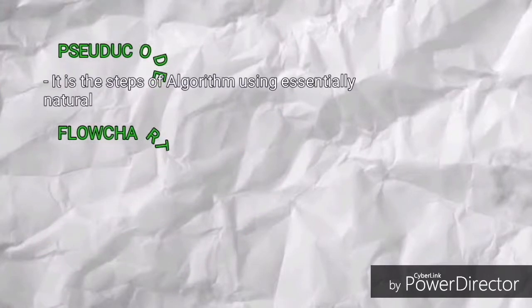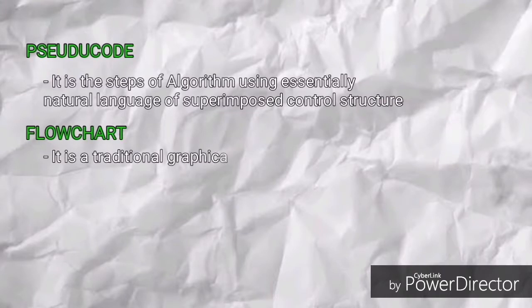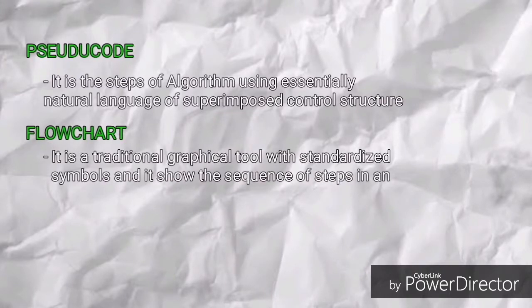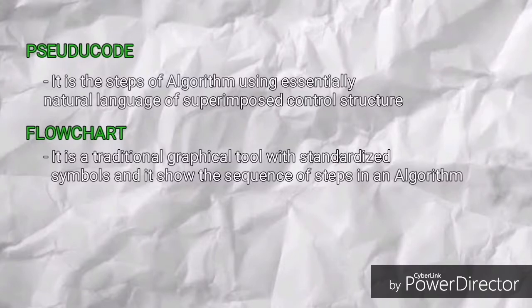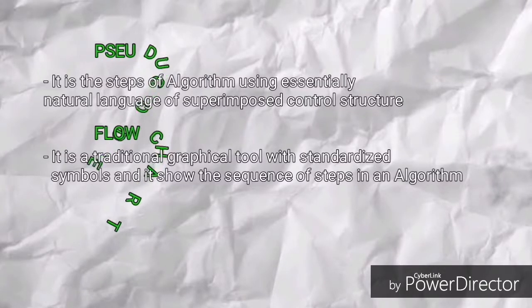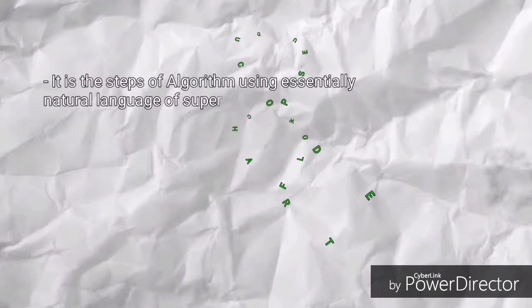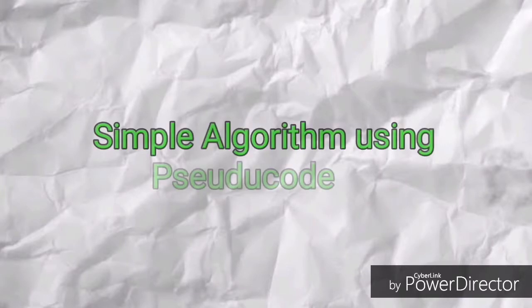Pseudocode is the step of an algorithm using essentially natural language with superimposed control structure. And the flowchart is a traditional graphical tool with standardized symbols, and it shows the sequence of steps in an algorithm. Now, I will give you an example of writing a simple algorithm using pseudocode.